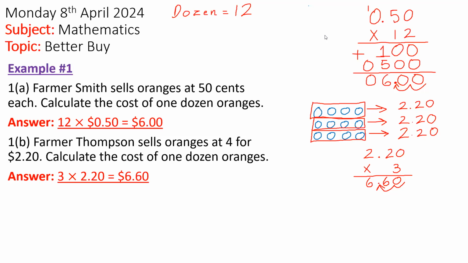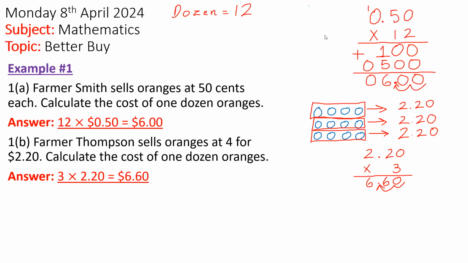Yes, sir. You understand how we got our answers? Yes, sir. Explain to the class how we got $6 and $6.60. What was the reasoning behind our answers? For number 1, we got $6 because each orange's unit price was 50 cents and 12 is a dozen.